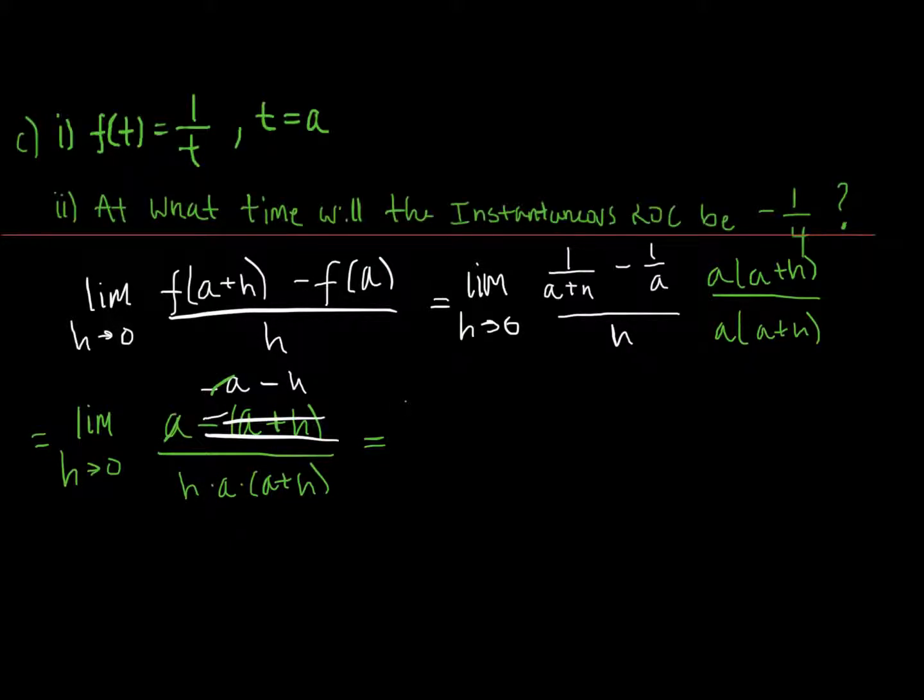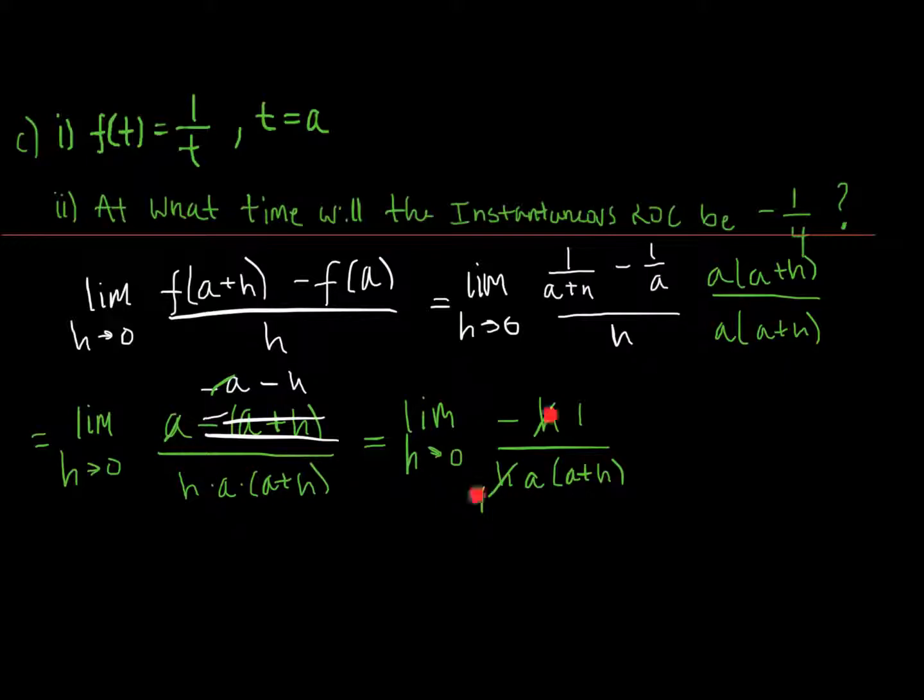And so I can rewrite my limit as h approaches 0 of negative h, my numerator, over h times a plus h. And h over h is going to be 1 over 1. The reason is we can cancel those h's because the limit is as h approaches 0, not when h is equal to 0.